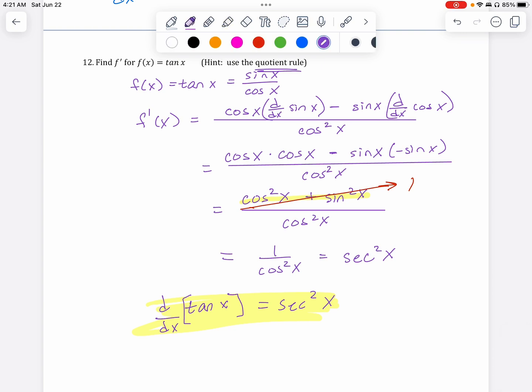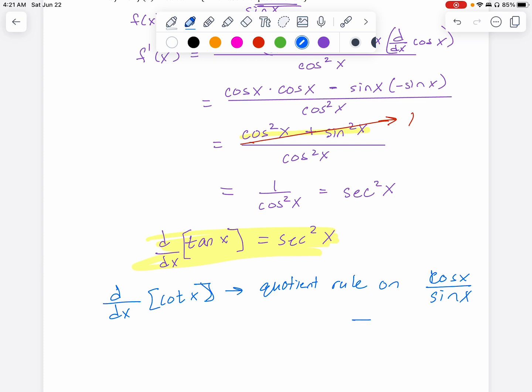So we can find the derivative of cotangent by using the quotient rule on cosine x over sine of x, which looks very similar to the proof we just did for tangent.